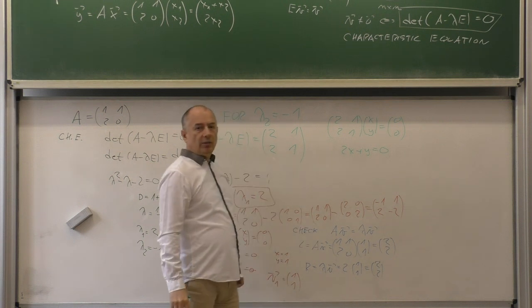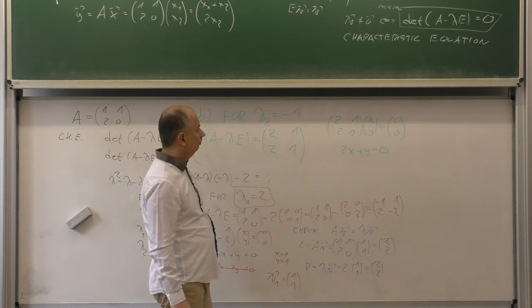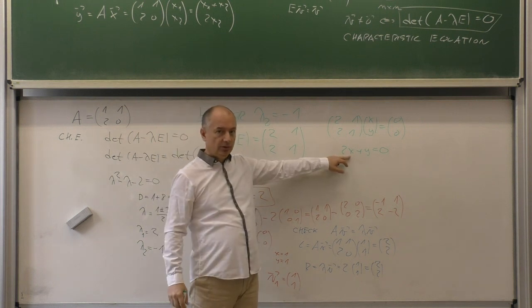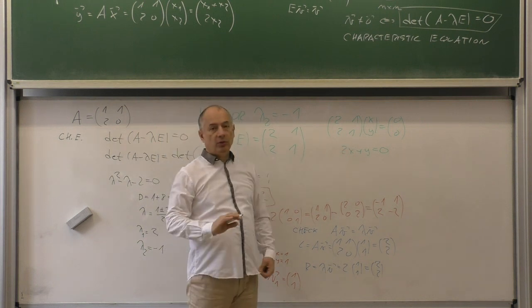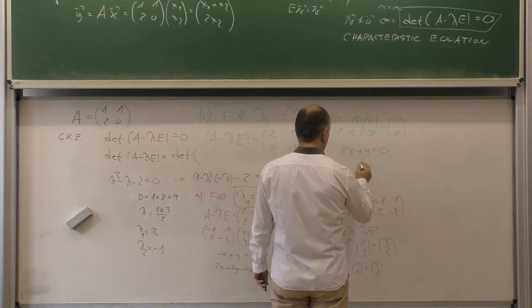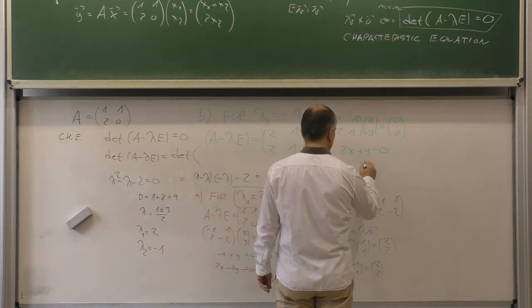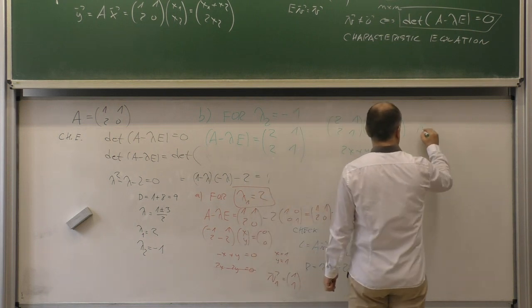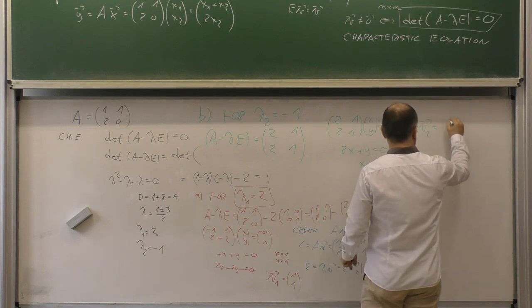We don't have to write the same equation once again. And once again, this has infinitely many solutions, and we will be happy just with one non-zero solution. So we can choose, say, x is 1, and then we find y is minus 2. So the second eigenvector will be 1, minus 2.